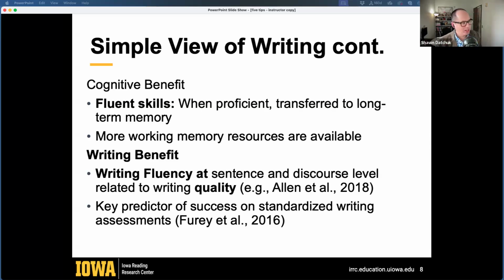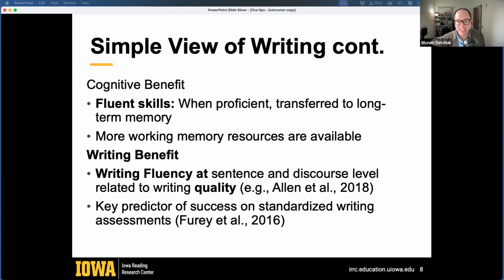And we tend to see that cognitive benefit play out within writing measures. So what we see is that writing fluency at the sentence level, and the discourse level, so writing extended composition, is closely related to overall writing quality. So in other words, if students are able to write sentences and also discourse or extended composition with fluency, those written products tend to be scored higher for aspects of quality, and that makes sense.